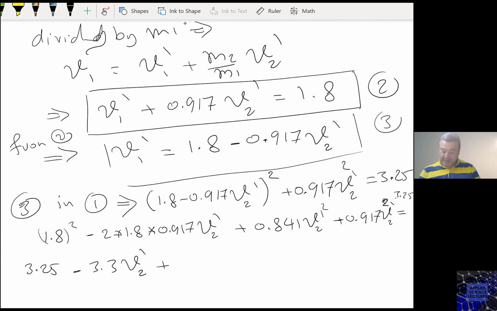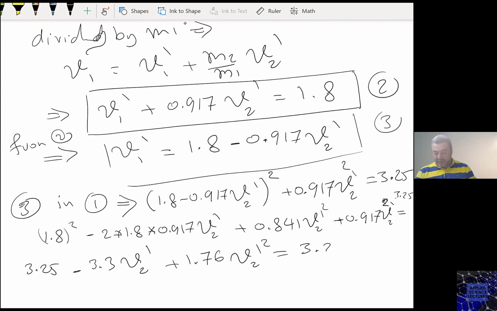Now hold on a second. 2 times 1.8 times 0.917, yes, 3.3 V2 prime. 0.841 plus 0.917 is 1.76 V2 prime squared equals 3.25.